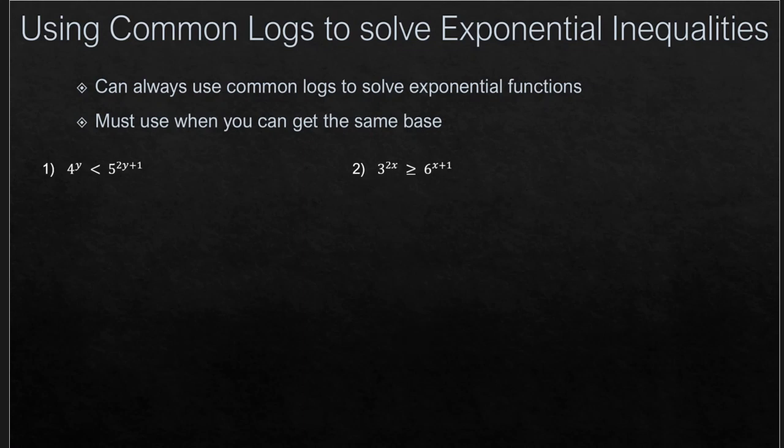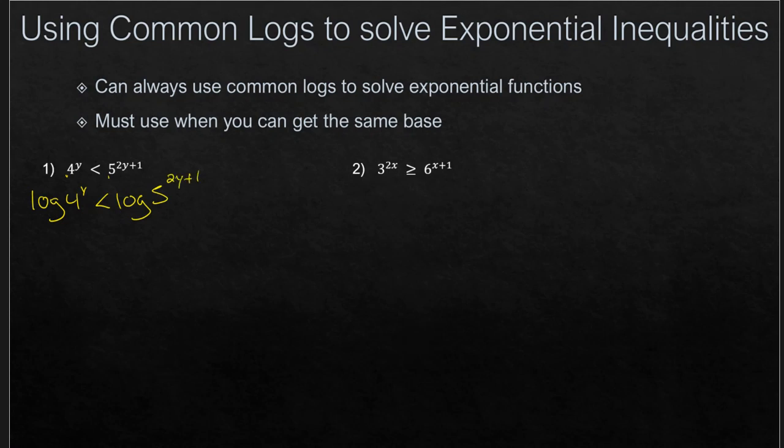All right, so for this first one, again, there's no way to get 5 and 4 to be the same base. So that means we're going to go ahead and do our common log. So it's going to be the log of 4 to the y is less than the log of 5 to the 2y plus 1.